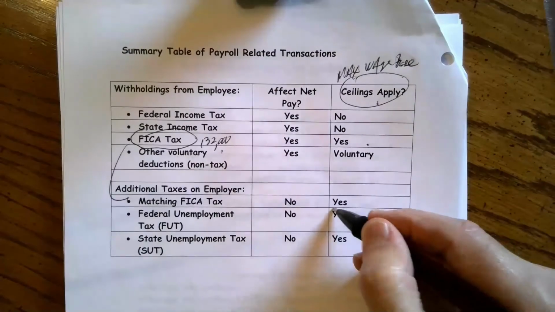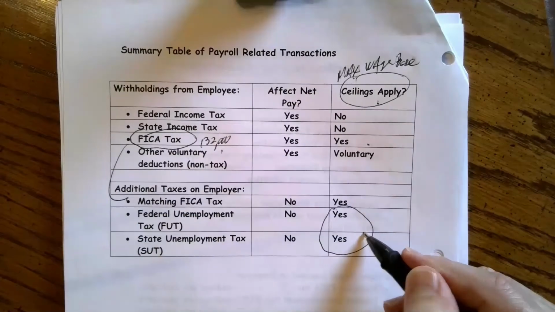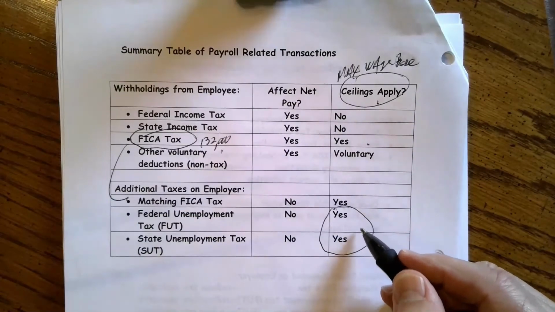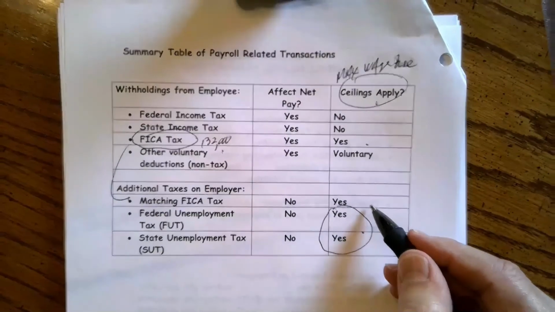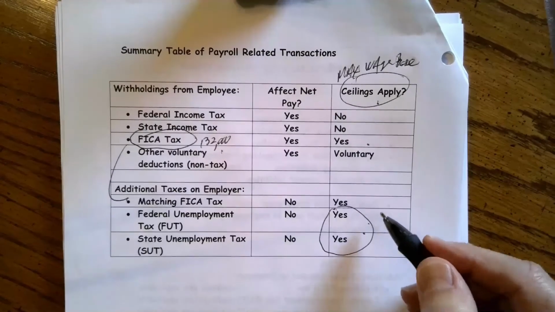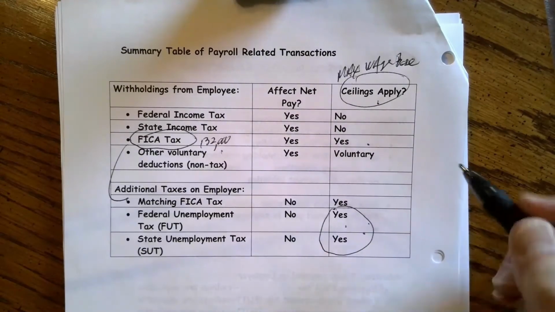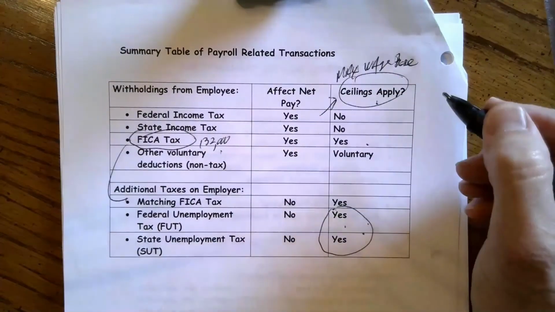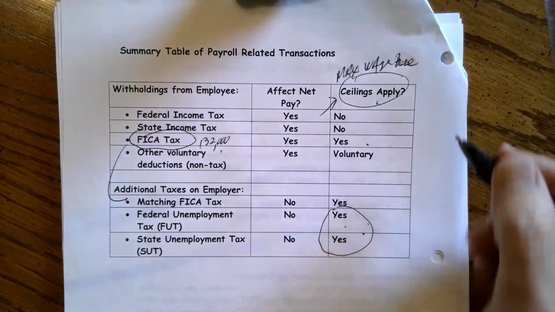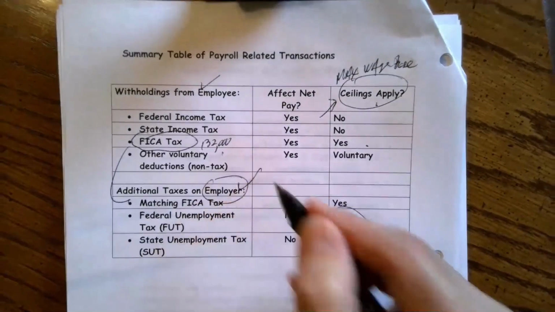Federal and state unemployment, which the employer pays, has very low ceilings, less than $8,000 per employee. And once an employee exceeds the ceiling, the employer stops accruing federal unemployment taxes. So it's important to understand the concept of a ceiling that applies to certain withholdings from employees and some of the taxes that the employer pays.